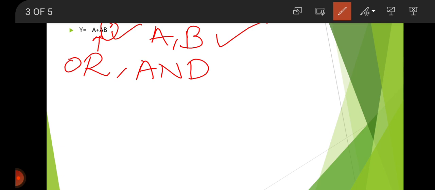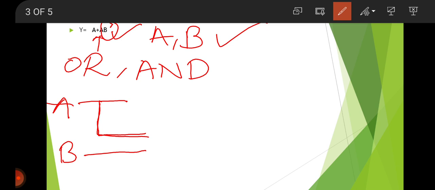So first draw here input A, then put this A here and draw the B here. So this A comes to this, then in A and B, the AND operation is present. Therefore draw here the AND gate.